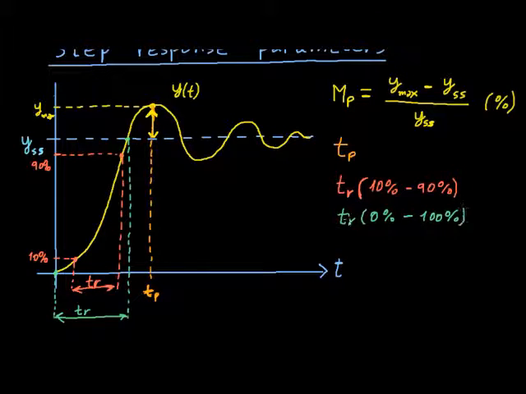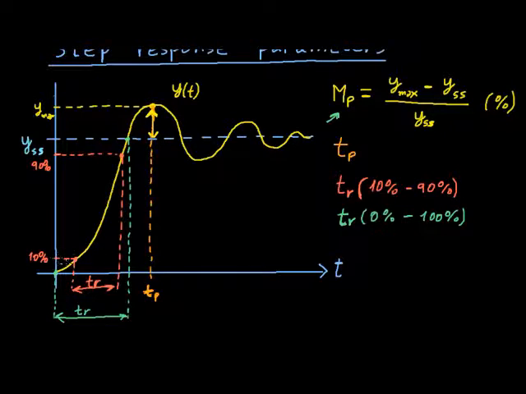Now obviously this last way of understanding the rise time only makes sense for systems which actually have overshoot, because otherwise the system never reaches the 100% of y_ss.